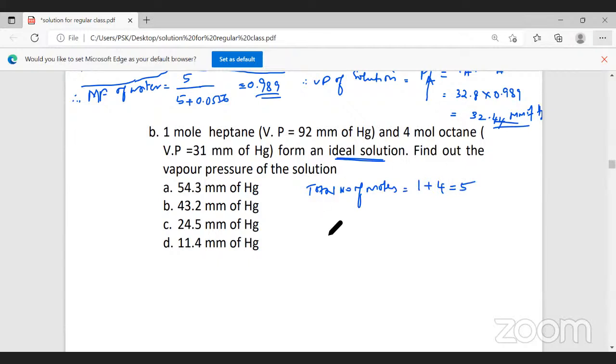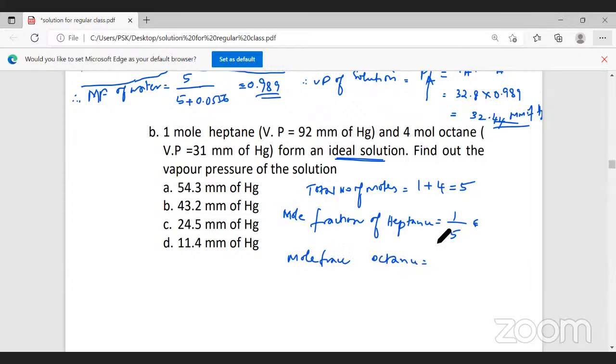Now, what is the mole fraction of heptane? Mole fraction of heptane will be equal to 1 divided by 5. We'll keep it as such. Now, what's the mole fraction of octane?